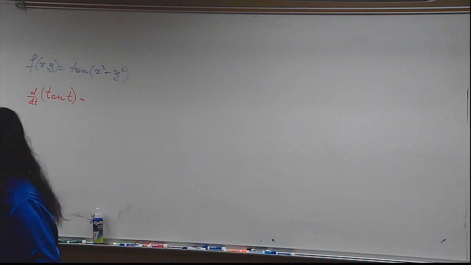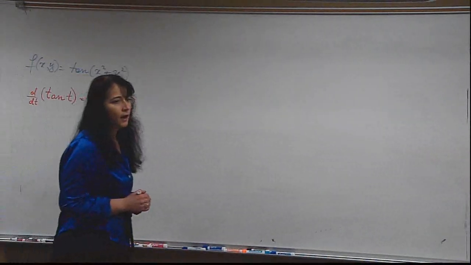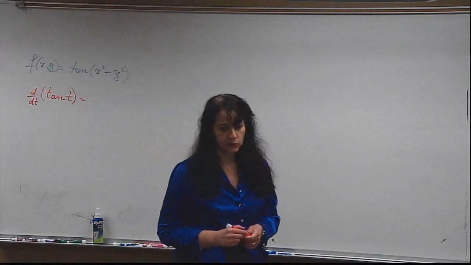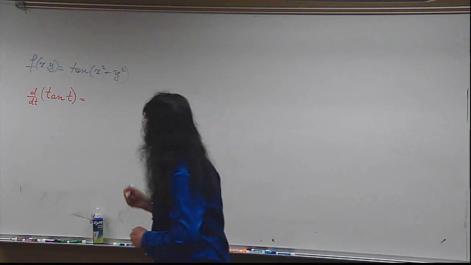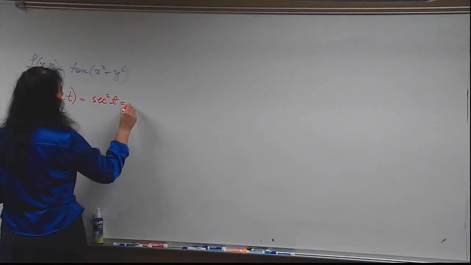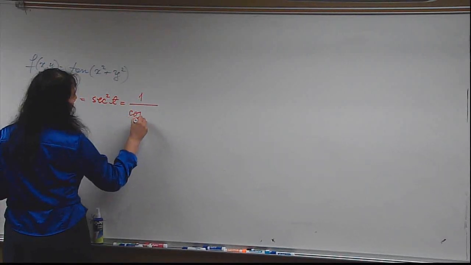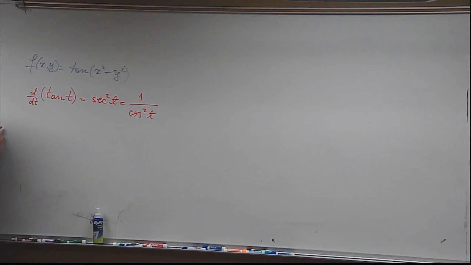You guys love that secant squared thingy. Why do you like secant squared? As a student, I didn't like expressing it like that. I liked it as, of course, it's the same thing, but I always liked it like 1 over cosine squared of t.